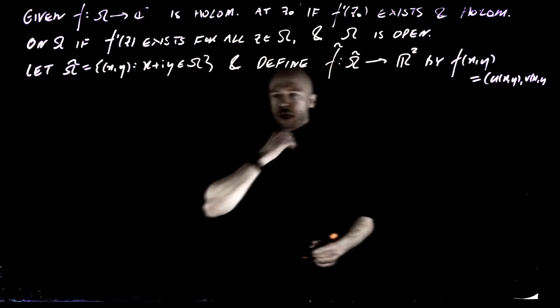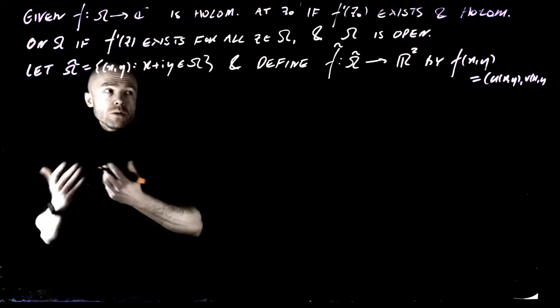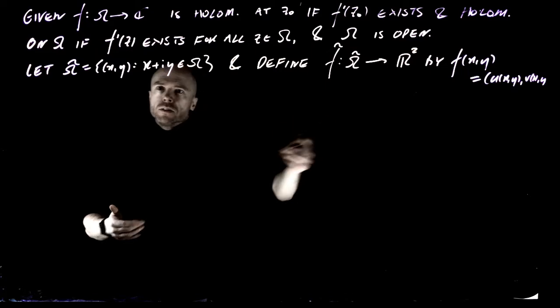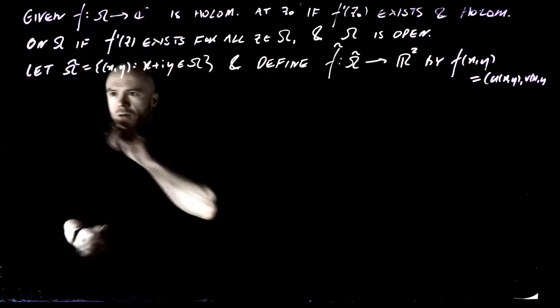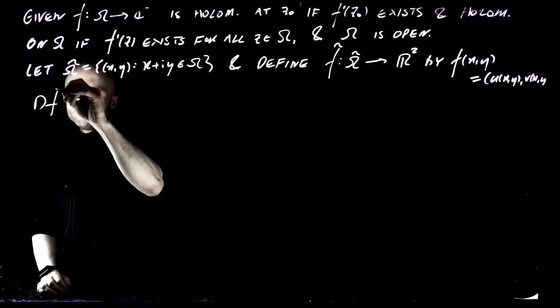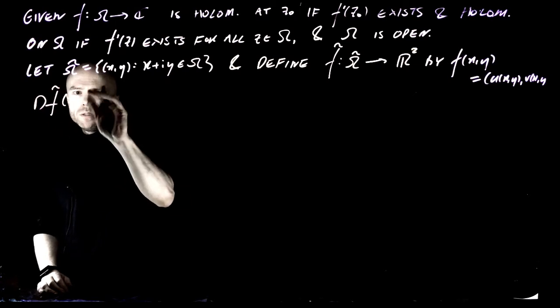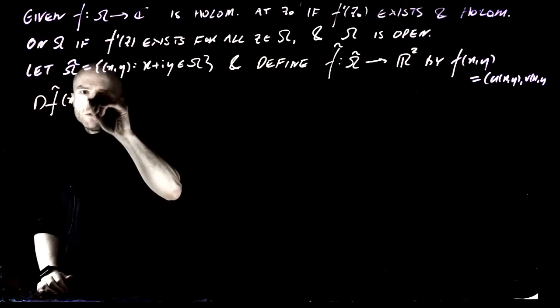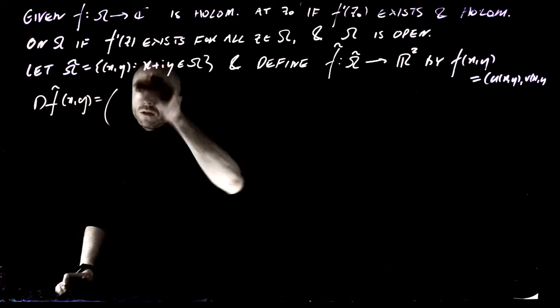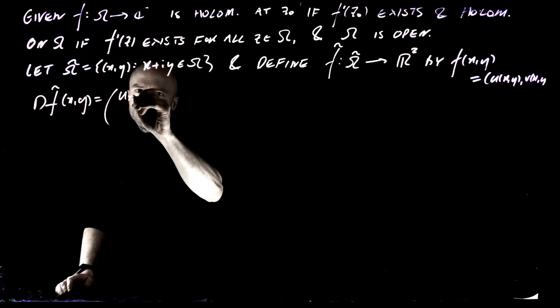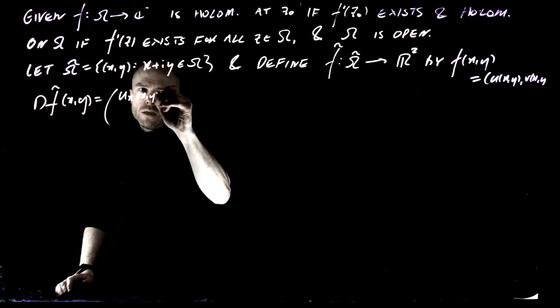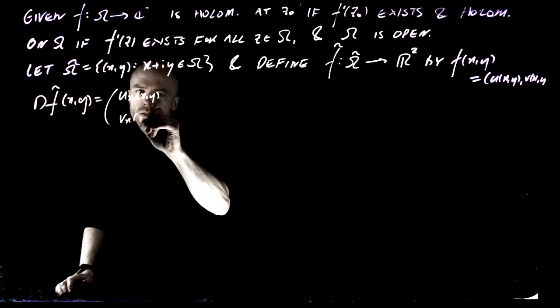So now we get a function from this region in R2 into R2, in this way. Let's talk about what the derivative of this thing is. Hopefully you've all studied multivariable calculus and you're comfortable with what the derivative is. The derivative is a 2 by 2 matrix, and it's given by this. The first column is what happens when we take the partials with respect to x, so it's u sub x, v sub x.